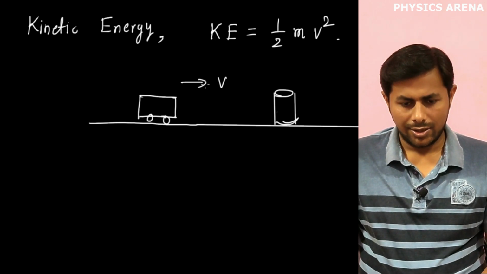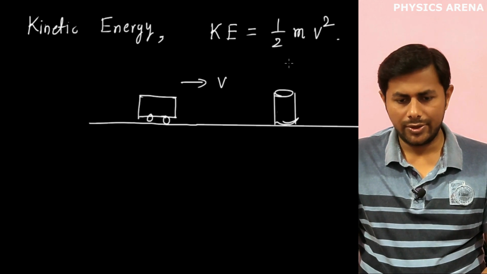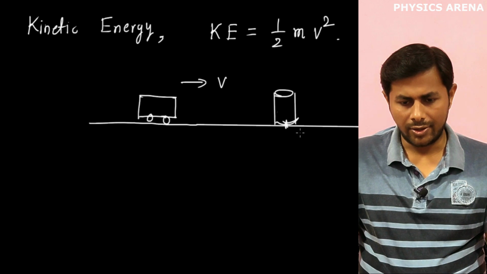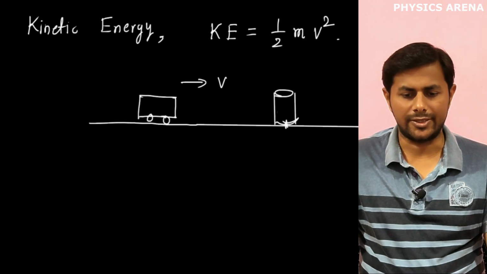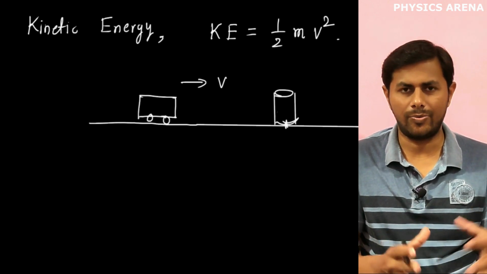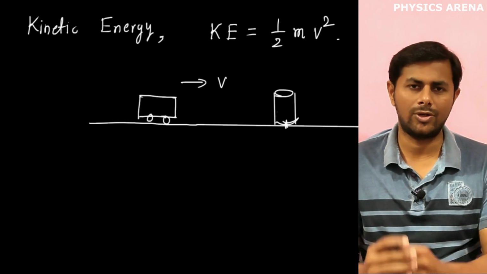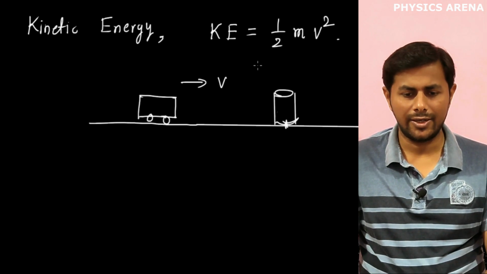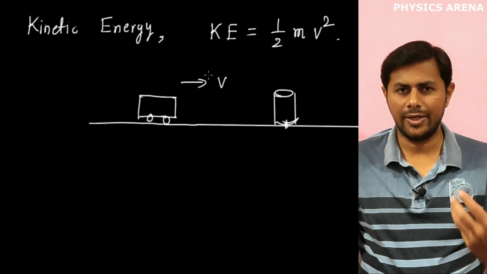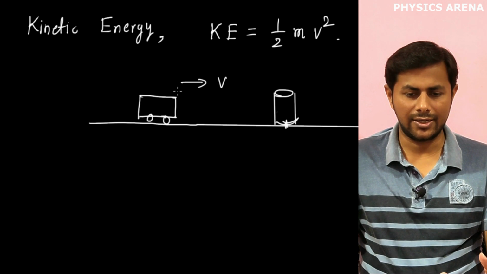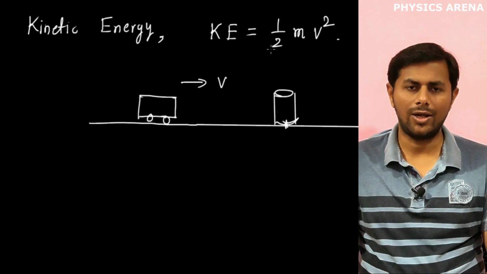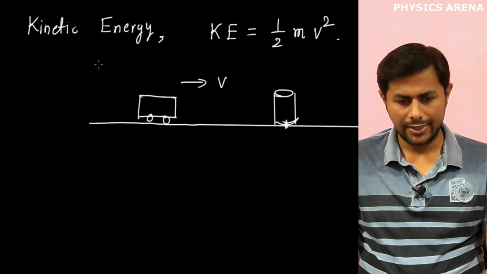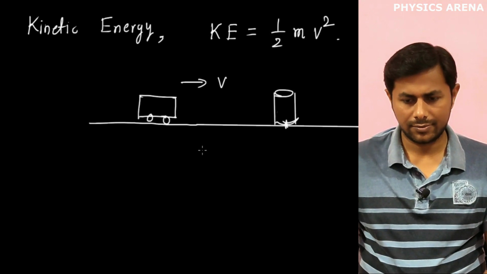So due to the velocity, or due to the kinetic energy possessed by this cart, this object can be displaced. That means the cart will exert a force on the object and perform some work. And that's why we say that there is some energy possessed by this cart due to its motion, and we call that energy the kinetic energy of the cart. So that's the concept of kinetic energy.